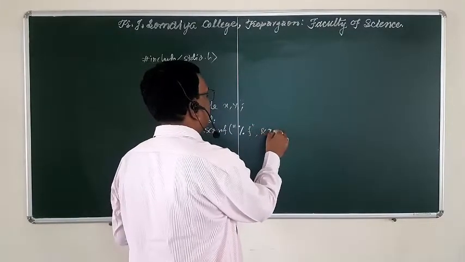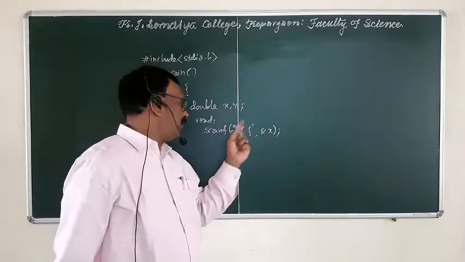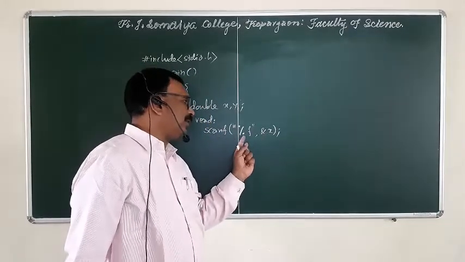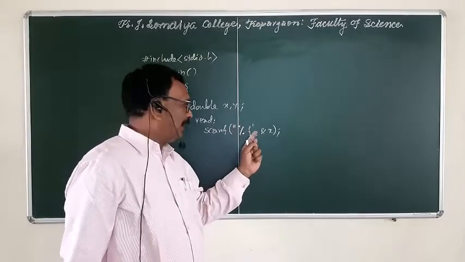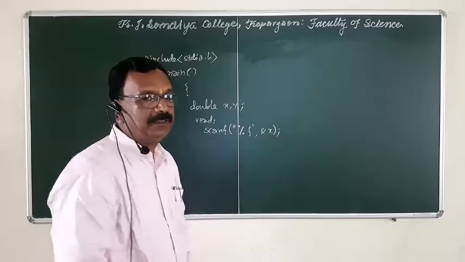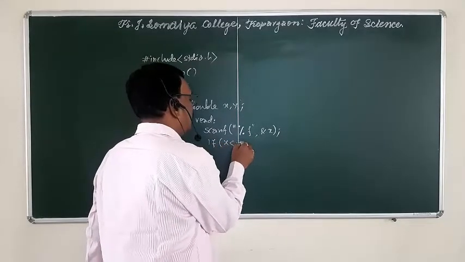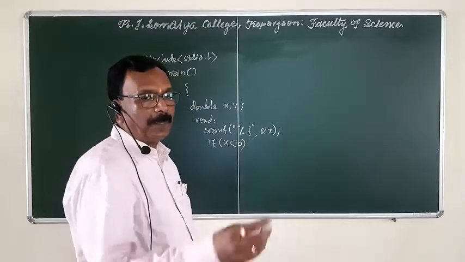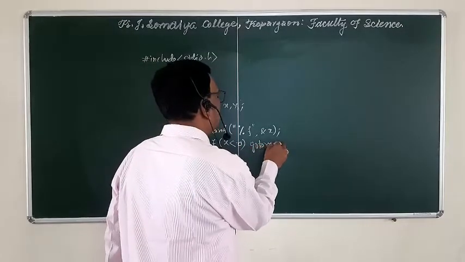When the user puts the value through the keyboard, with the help of this statement the computer can read the memory location and value of that variable, which is given by the address operator. Then if x is less than 0, then goto read.